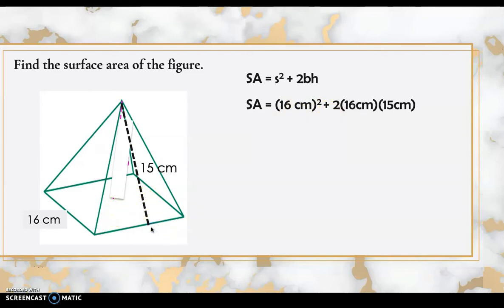Then simplify. 16 times 16, we have 256. Then 16 times 15 times 2, we have 480 square centimeters. Then we add the two numbers. We have 736 square centimeters. So the surface area of this square pyramid is 736 square centimeters.